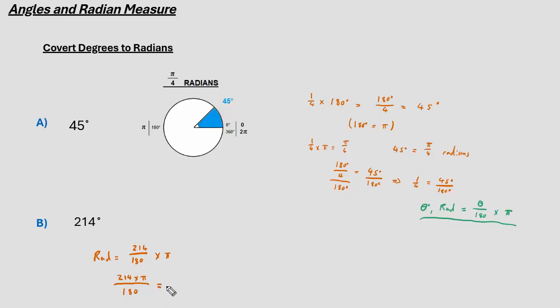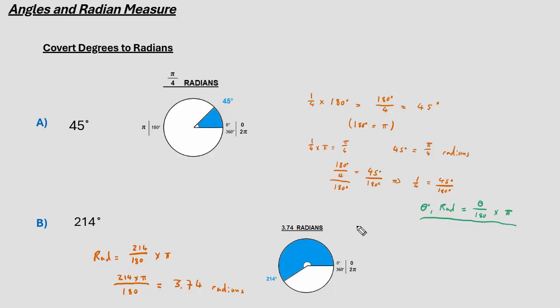And the value of this sum is, 2 decimal places, 3.74. So 214 degrees is 3.74 in radians. So the angle is 214 degrees, or you can call it, with radian measure, 3.74 radians.